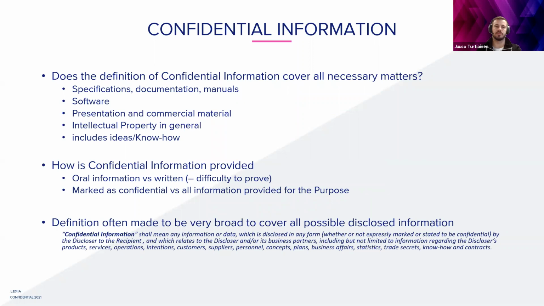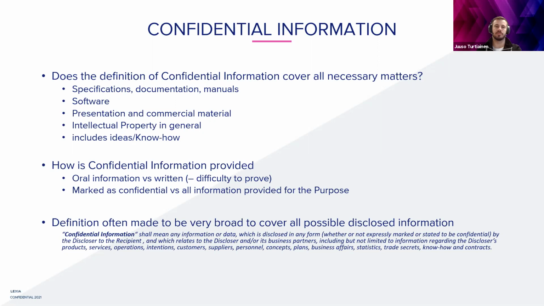So then going on to the definition of confidential information, what you need to think about is, does the definition of confidential information cover all the necessary matters? Where you're sharing something for the purpose of a business relationship with another party, that can be in a lot of different forms.